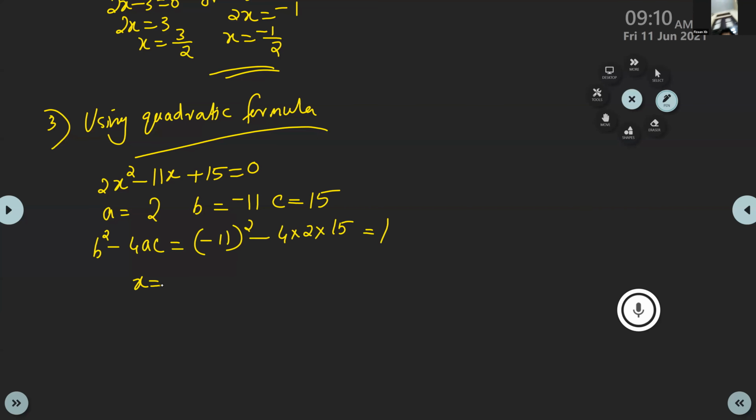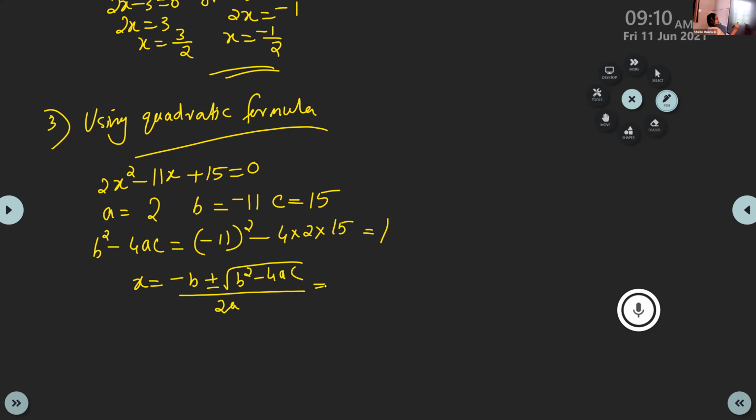X equal to minus b plus or minus root of b square minus 4ac, the whole divided by 2a. Write the formula, all of you.